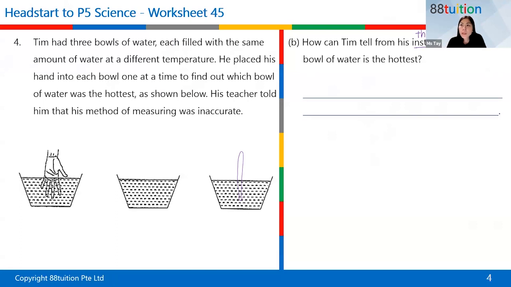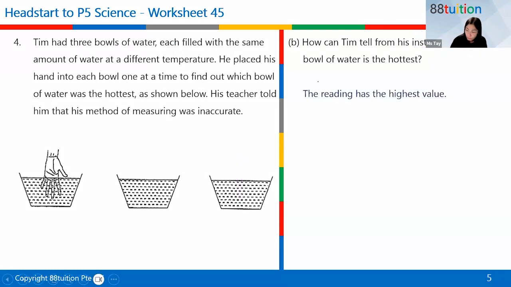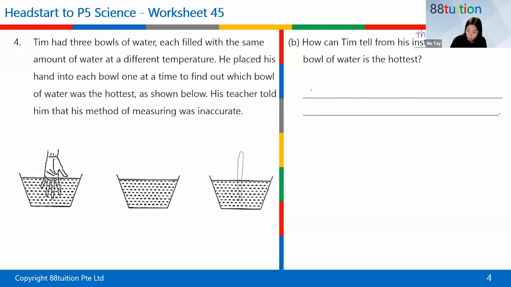Okay, use one thermometer for each bowl, Jerome. Is that right? So if I write down this answer, use a thermometer in each bowl, does that give an answer to the question?